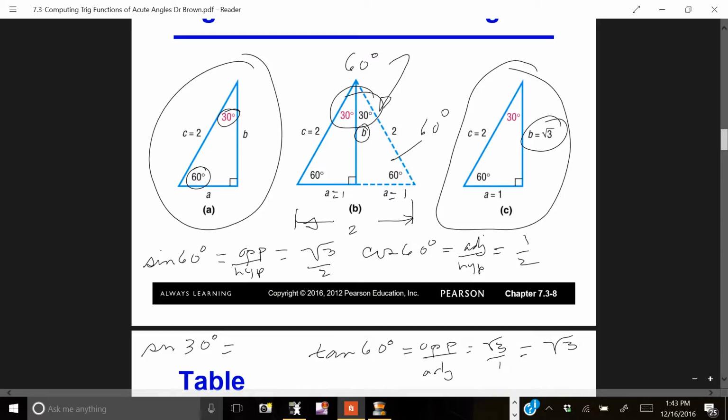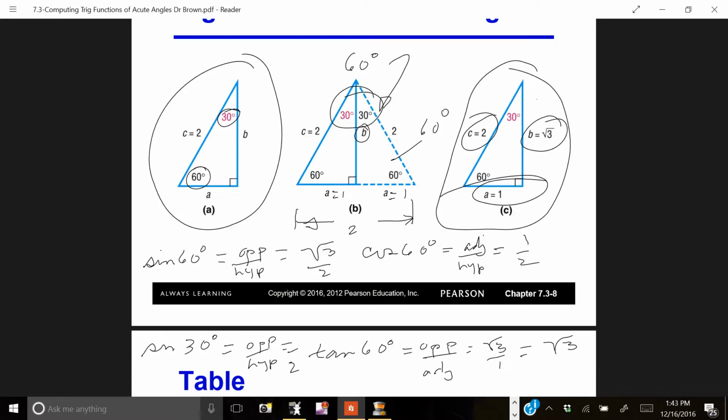But let's just say sine of 30 degrees is equal to the opposite over the hypotenuse, which, looking at the triangle here, is the opposite of the 30-degree angle divided by the hypotenuse, which is equal to 1/2.